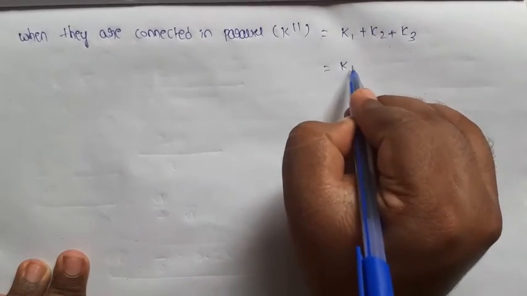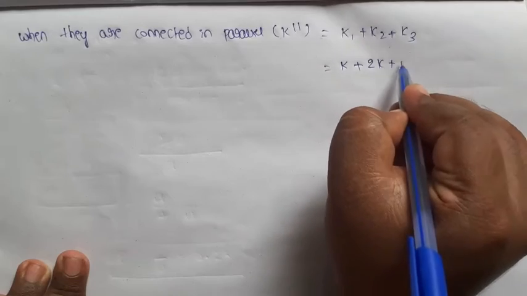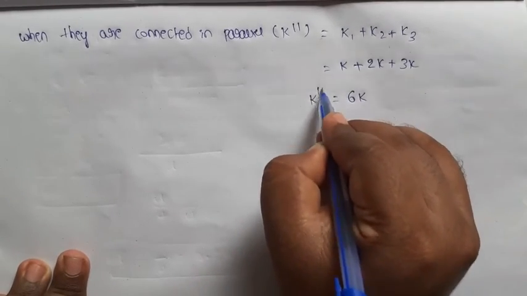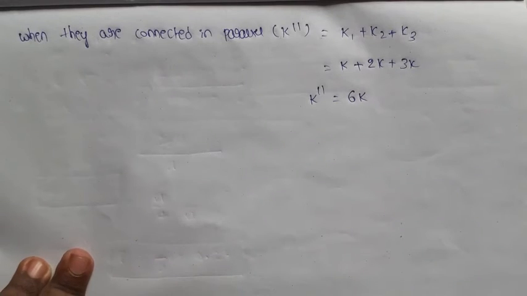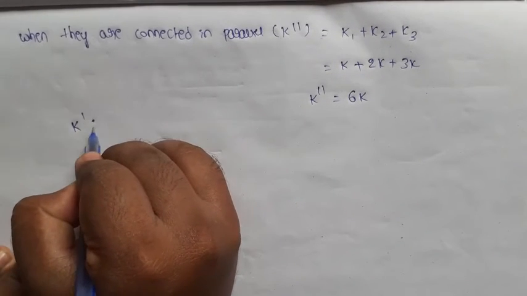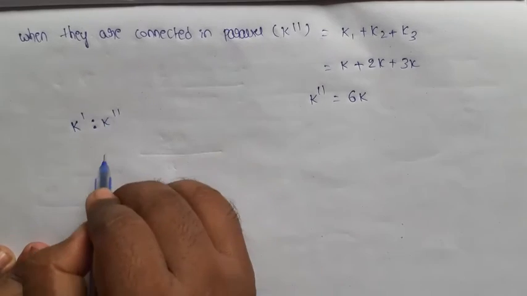So k plus 2k plus 3k, total 6k. So k double dash equal to 6k. What are we going to find? k dash is to k double dash.